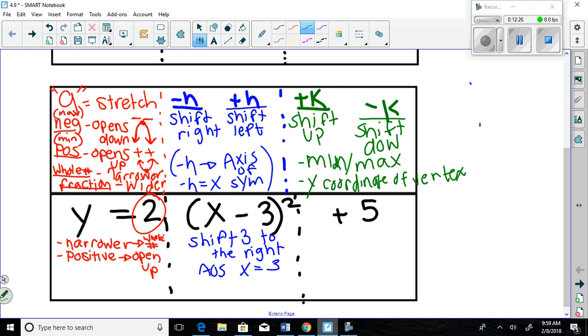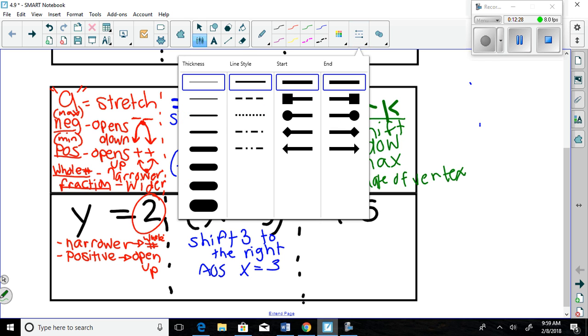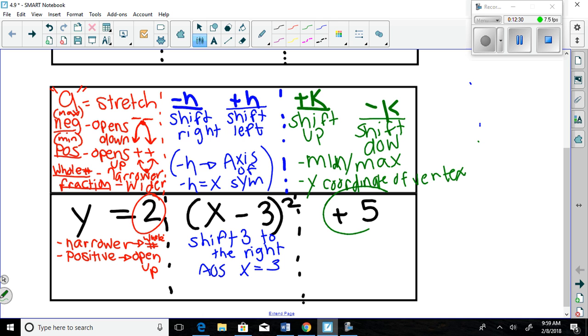And then the last one would be, if I'm plus 5 right here, I'm shifting up 5. It's also going to be, if this is positive, am I going to have a min or max right here? A minimum, right? So my minimum will be 5.